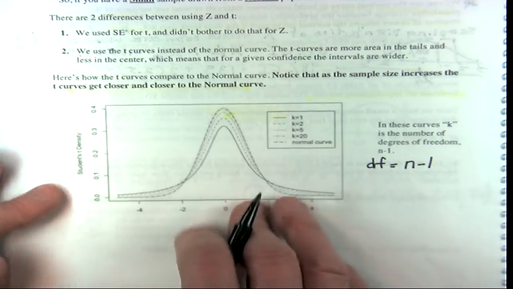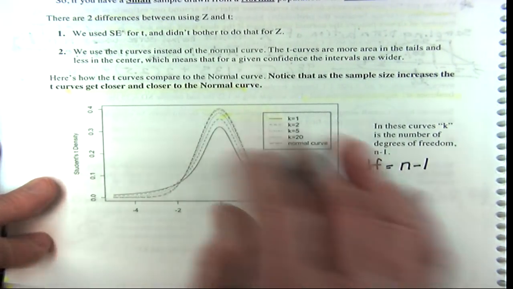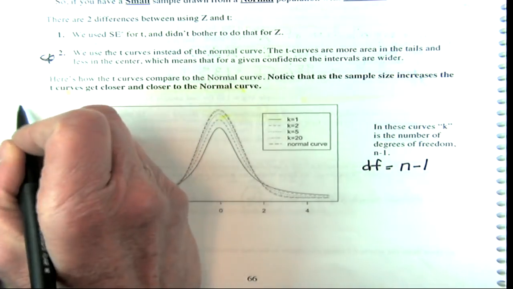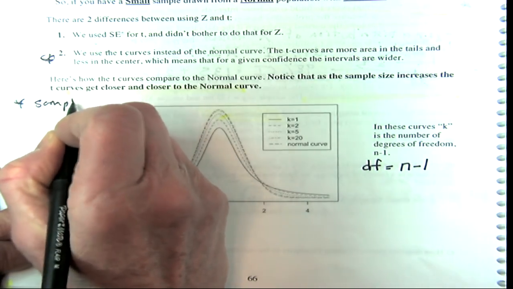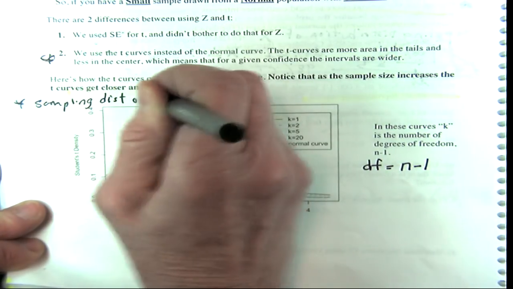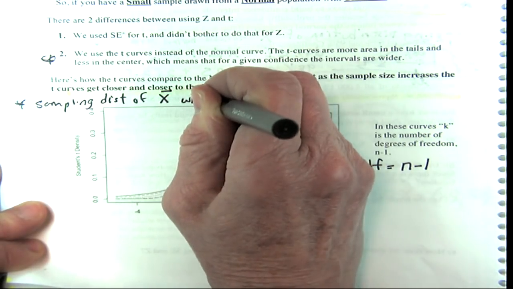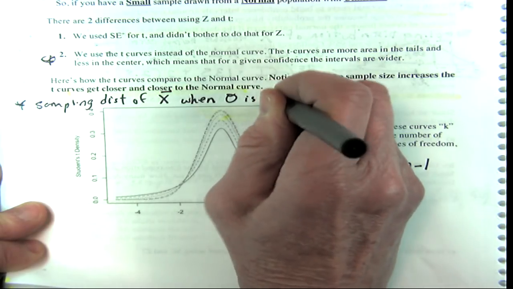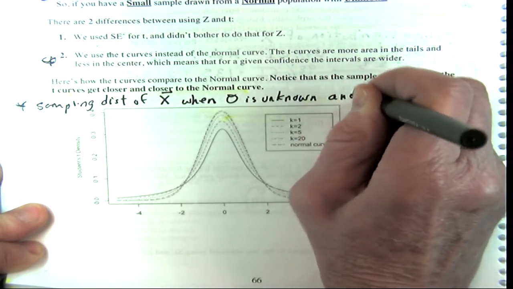So these T-curves are really the sampling distribution of x bar when sigma is unknown and the population is close to normal.